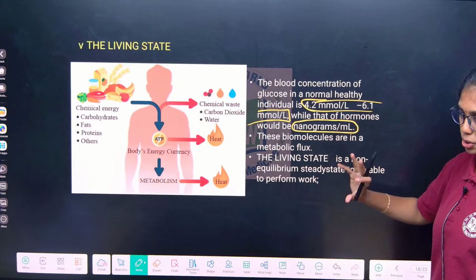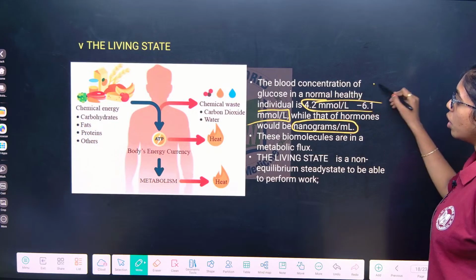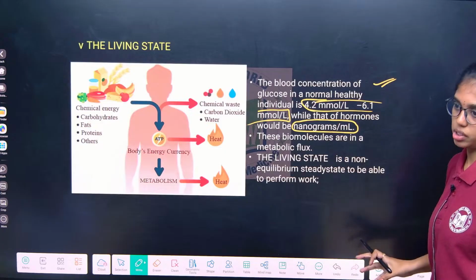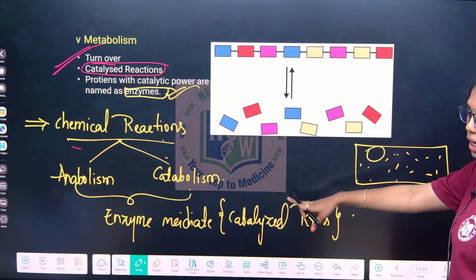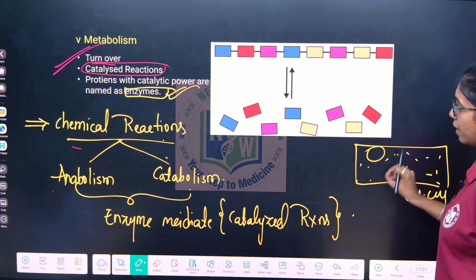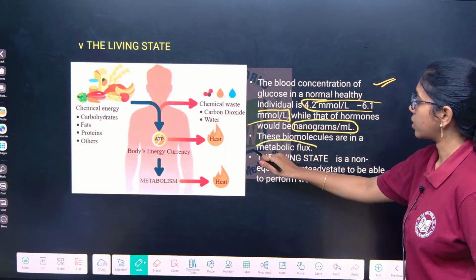See the concentration: hormonal concentration will be very low compared to glucose. The biomolecules are in a metabolic flux. Just now we discussed what metabolic flux is: continuous anabolism and catabolism taking place in the living cell, which we call turnover or metabolic flux.